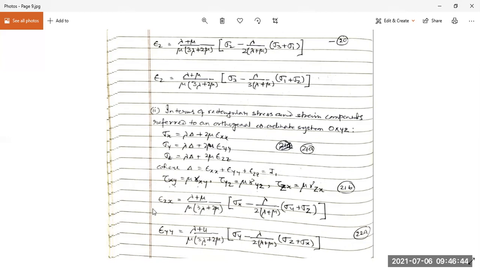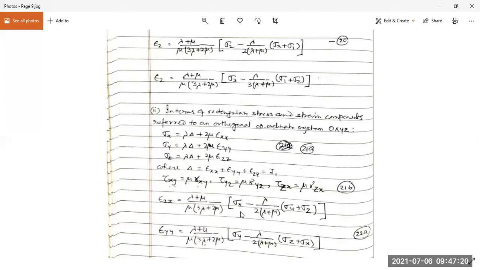And with delta is equal to epsilon xx plus epsilon yy plus epsilon zz, and tau xy is mu into gamma xy, tau yz is mu into gamma yz. Hence, this is the shear stress in yz plane, shear stress in xy plane, and this is the shear strain in xy plane, and this is also shear stress and strain in xz plane respectively itself.